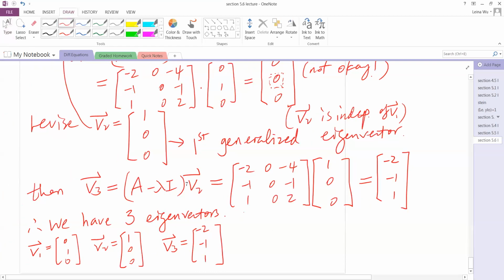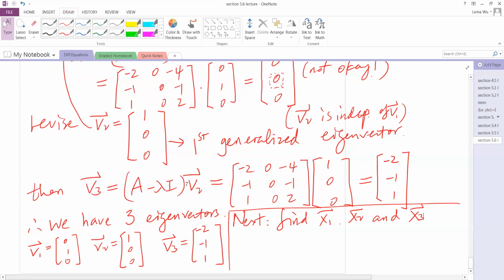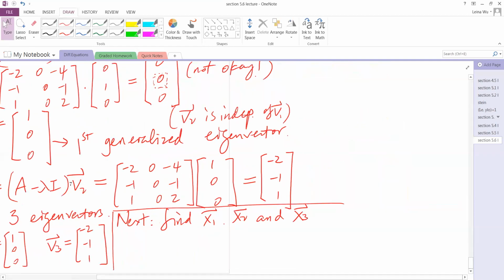That's great. And next, we should start to look for the solutions. So next, we should go ahead and find x1, x2, and x3. Let me see if I have space here. So x1 would be v1 e raised to lambda t, right?